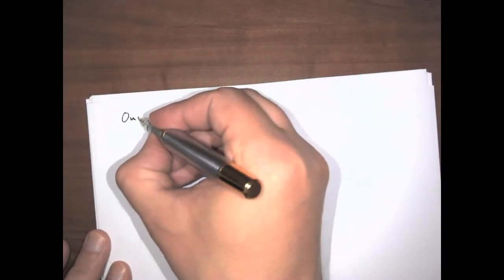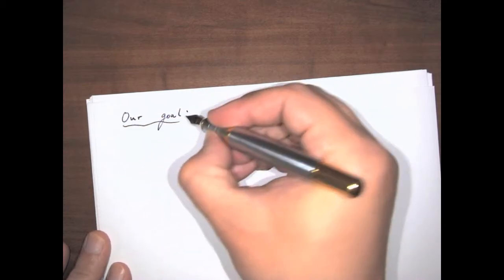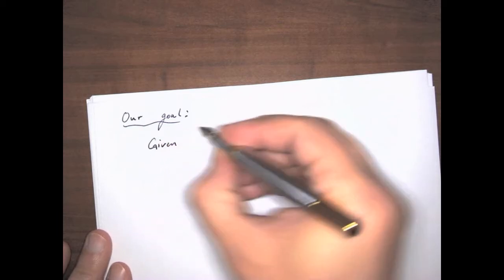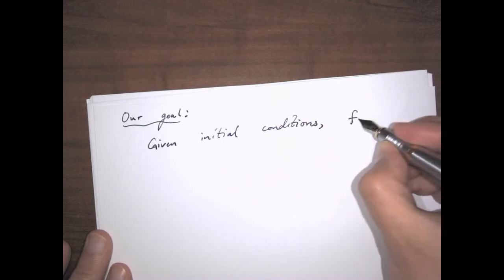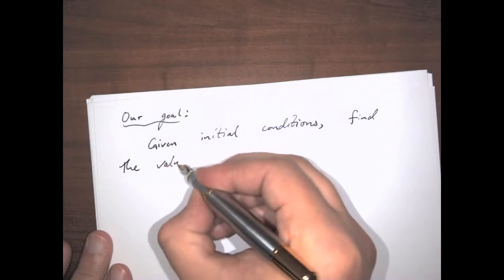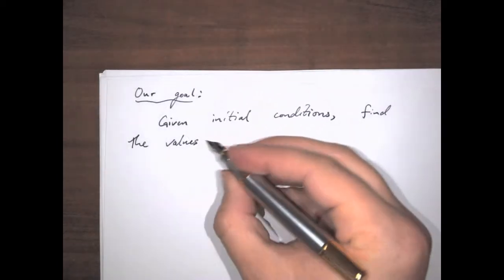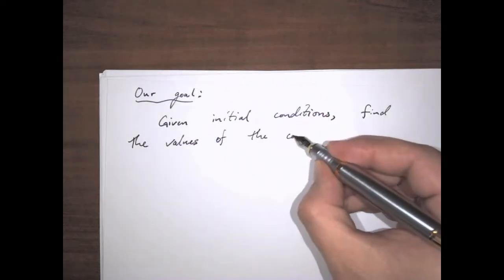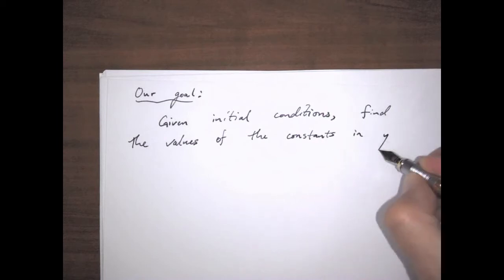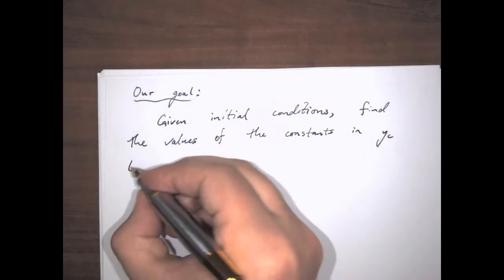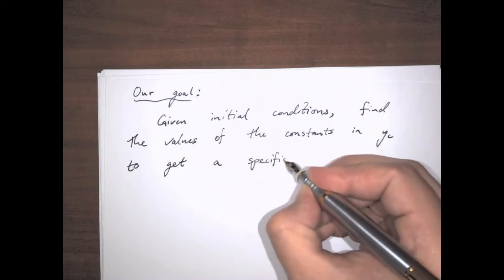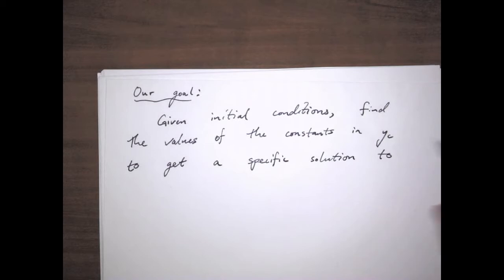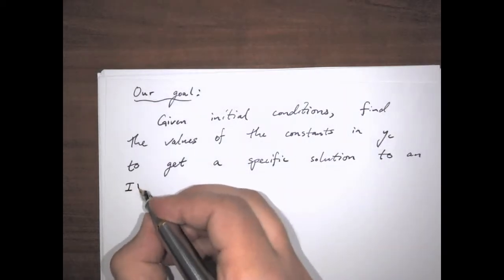So then our goal will be, given initial conditions, find the values of what used to be unknown constants in yc to get a specific solution to an IVP.